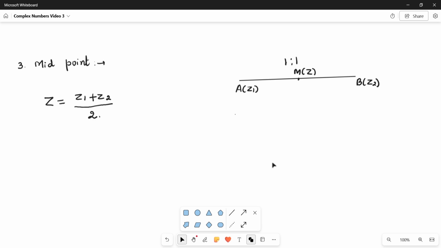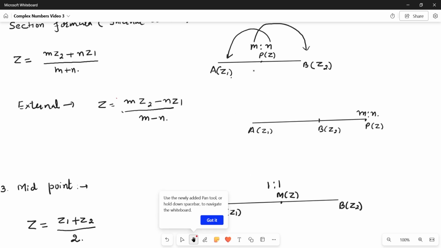Now, in the previous one, we can see here m is to n ratio means this length AP is m and this PB is equal to n.